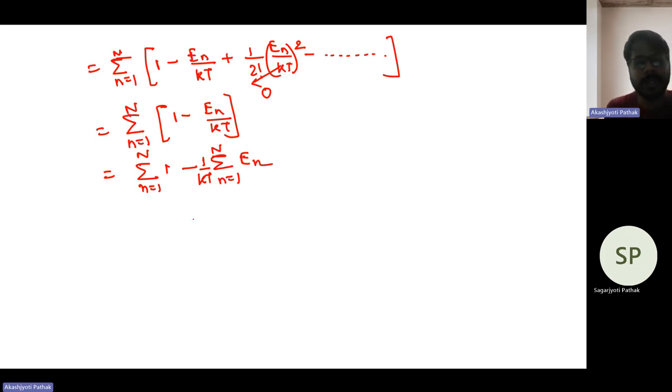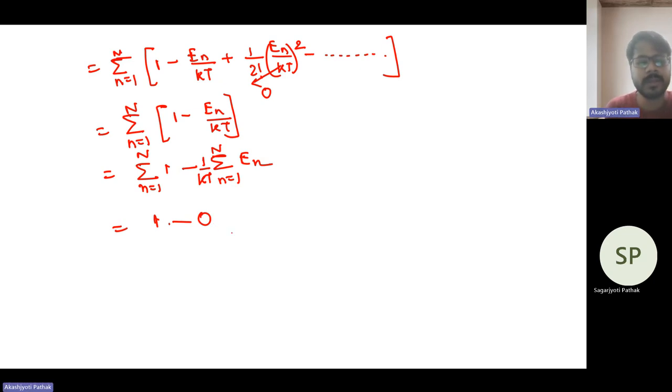The summation of 1 is the constant, and this other term becomes 0.